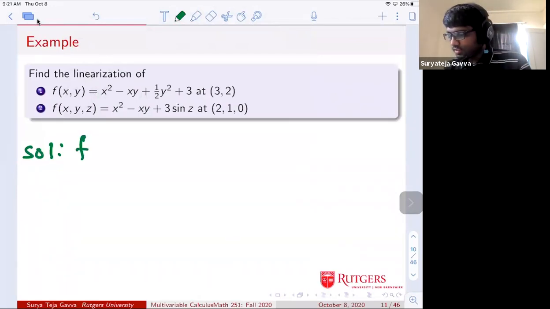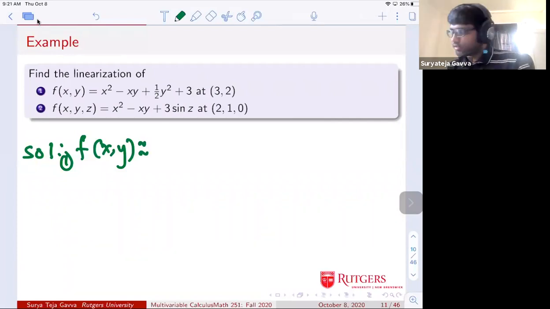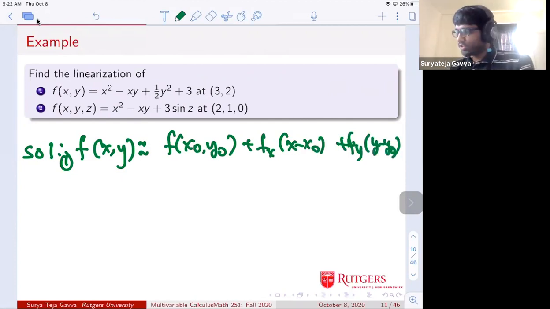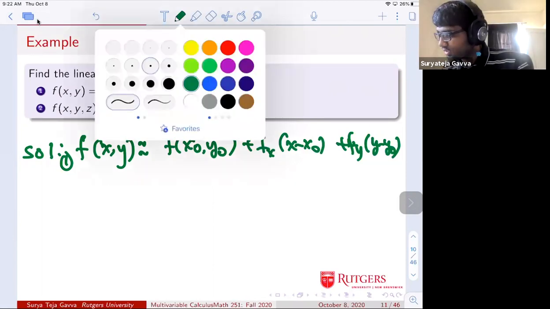So f of x, y is approximately f of x0, y0 plus fx times x minus x0 plus fy times y minus y0. Because f of x, y minus f of x0, y0 is this expression, if I bring f of x0, y0 to the other side, you get an expression like this.